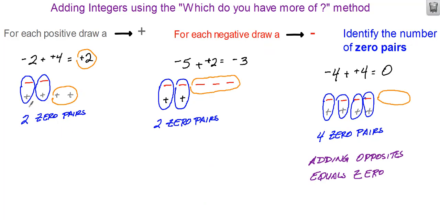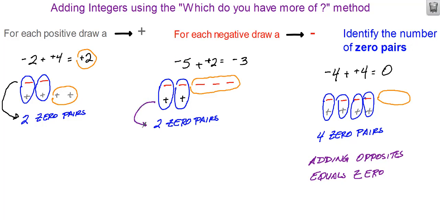This was your second row. 2 negatives plus 4 positives, 2 zero pairs. So this amount that we had the smallest number of told us how many zero pairs we were going to have. Next problem the same way, negative 5 plus 2.